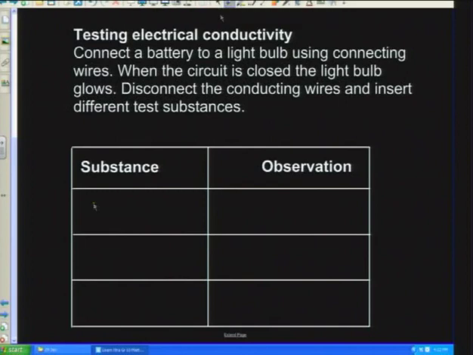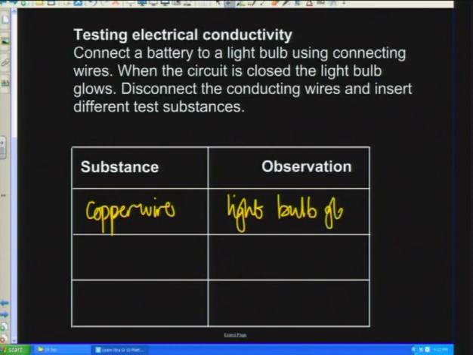We had the copper wire, observation, the light bulb glows. Okay, and the next one we had was the iron nail. And what did you notice with the iron nail?